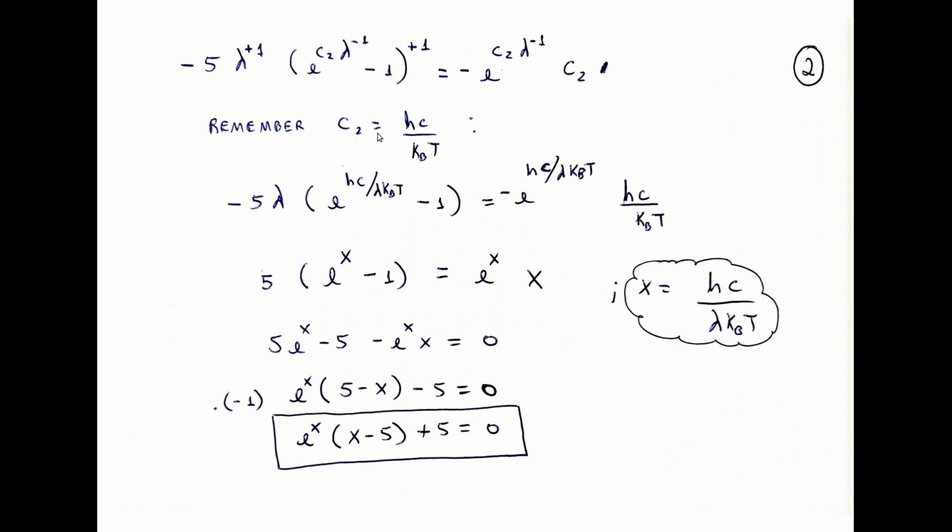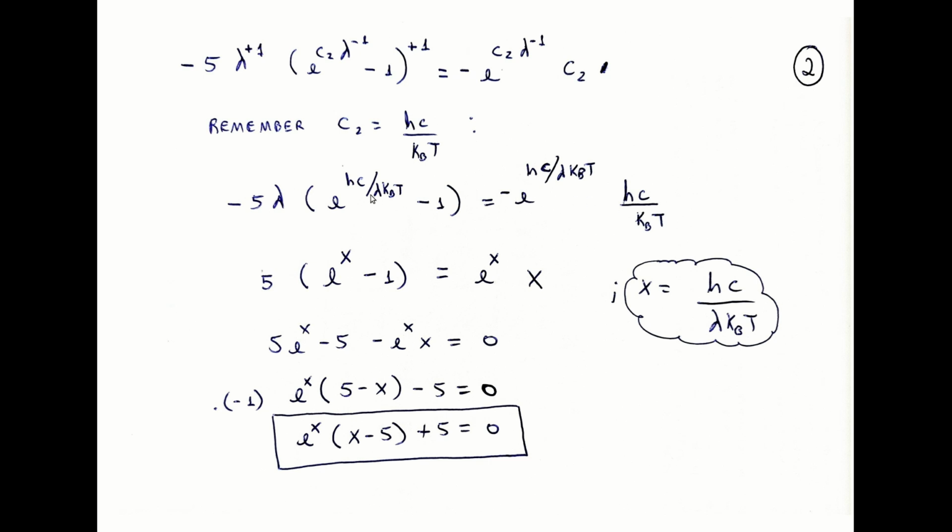But remember, c2 equals hc over kt. We said that in the beginning, so I will substitute back c2 in the equation that we found, and by doing that, that's what I get.